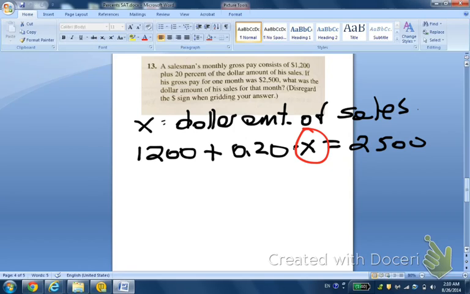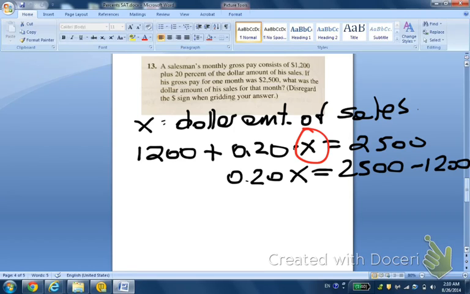So how do you solve this? You just subtract 1,200 from both sides. So you have 0.20x is 2,500 minus 1,200. 0.20x is equal to 1,300.